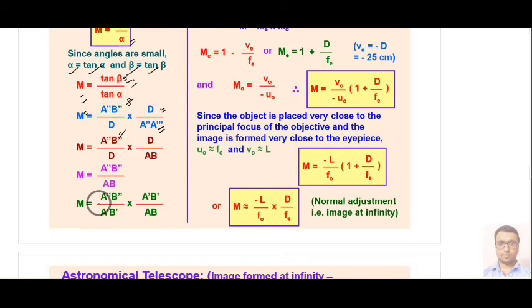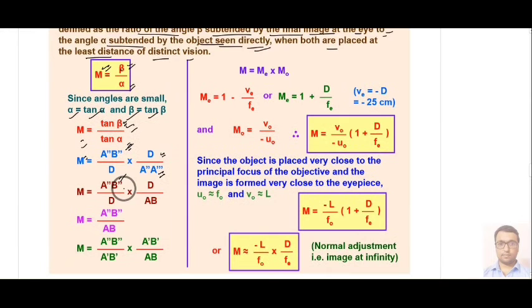So finally we will get our answer, that m_e equals 1 minus v_e upon f_e, or m_e equals 1 plus D upon f_e, or the final magnification is m equals v_o upon u_o.